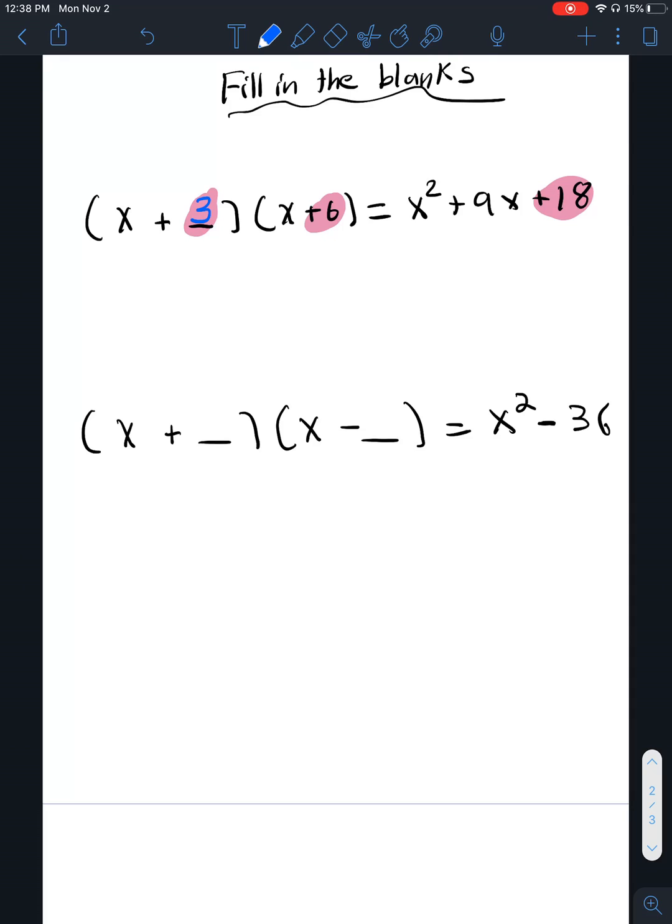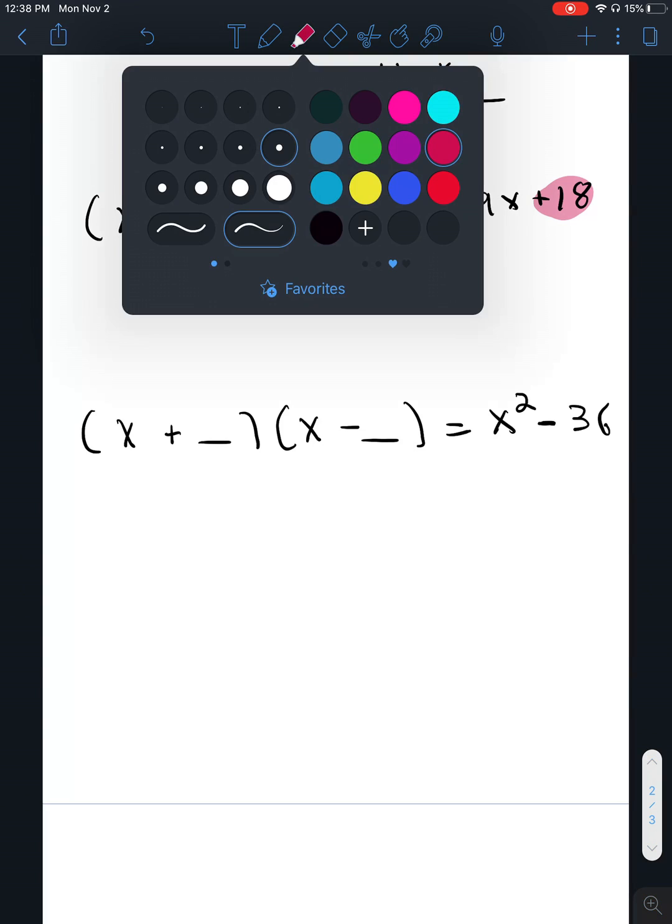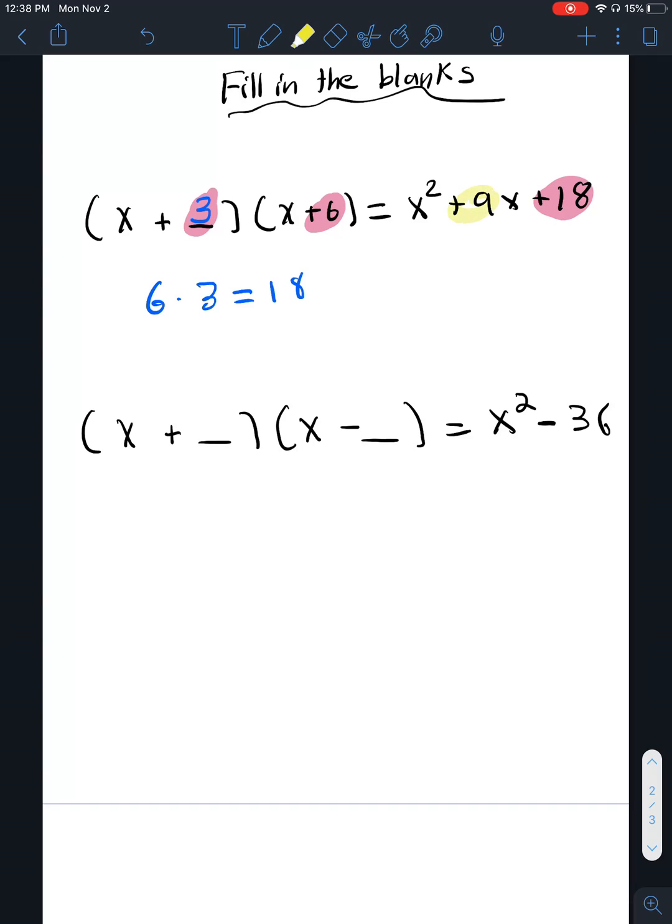And that works. That 6 times 3 is 18. But also, if I want to make sure that the middle term works, that I am getting a plus 9 in the middle, if I do 6 plus 3, I also get a 9. So both checks worked here. And of course, that x times x gives me that x squared.